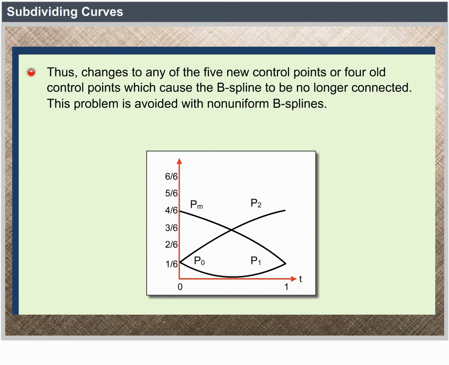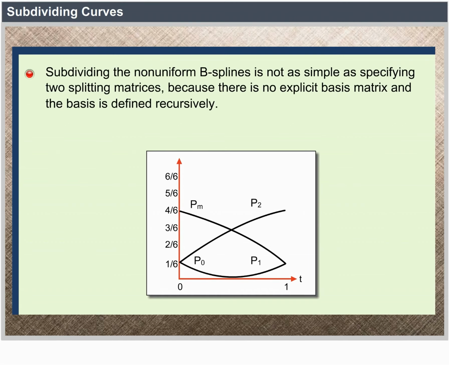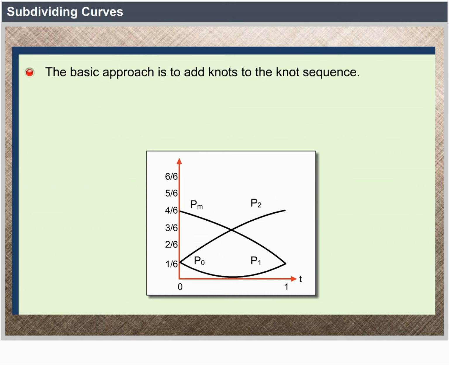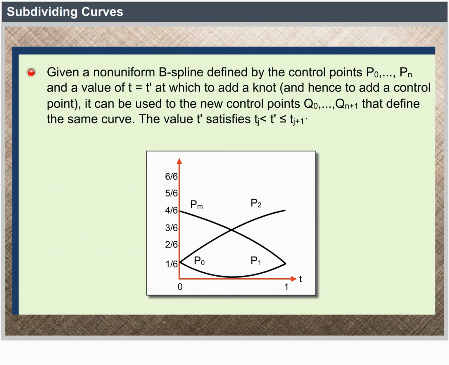Subdividing non-uniform B-splines is not as simple as specifying 2 splitting matrices because there is no explicit basis matrix. The basis is defined recursively. The basic approach is to add knots to the knot sequence. Given a non-uniform B-spline defined by the control points P0 to Pn and a value of t equals t' at which to add a knot and hence to add a control point, we want to find the new control points Q0 going up to Qn+1 that define the same curve.